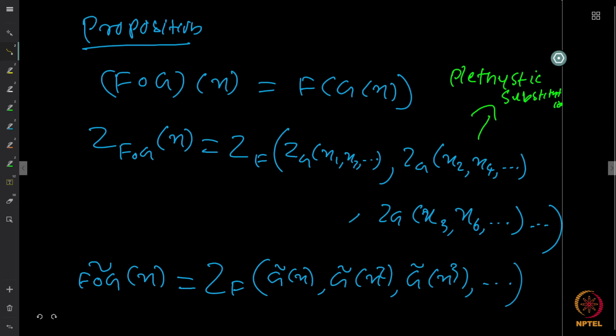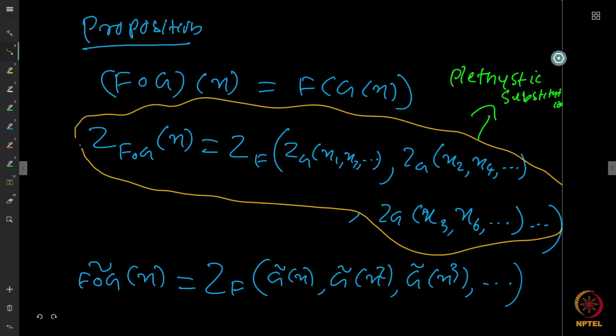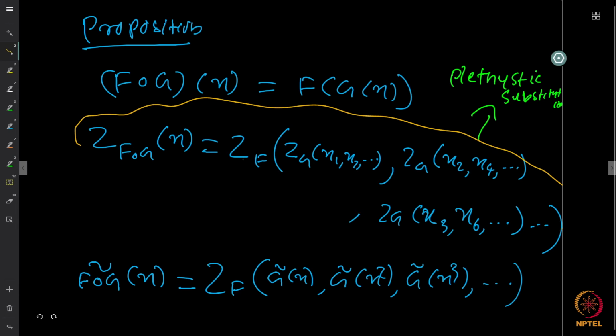On the other hand, the cycle index series is obtained as follows. Z of f composition g is Z_f evaluated as follows.